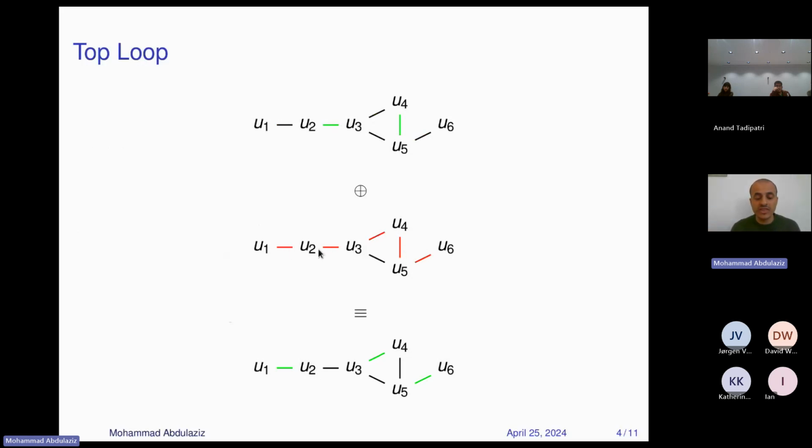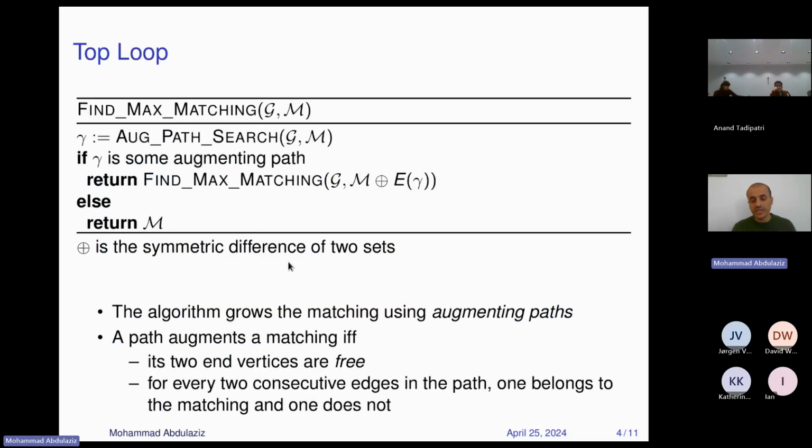So for example, this one and that one, this edge is not in the matching, this one is in the matching. This one and that one, this one is in the matching, this one is not in the matching, and so on. So it's alternating. So an augmenting path is an alternating path that starts and ends in free vertices, as I showed you in this example.